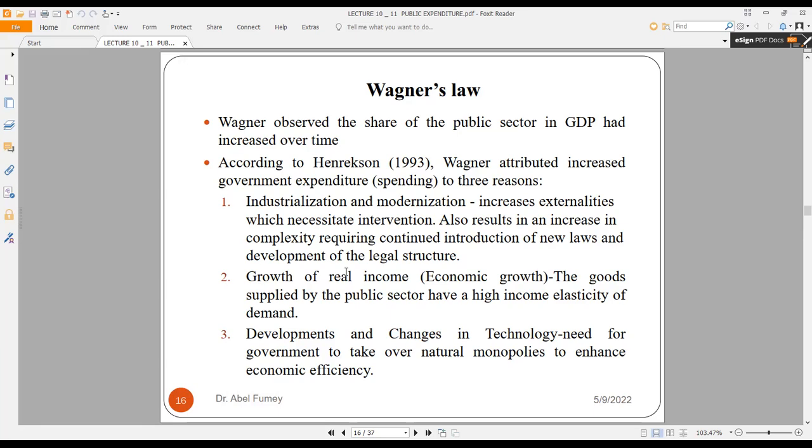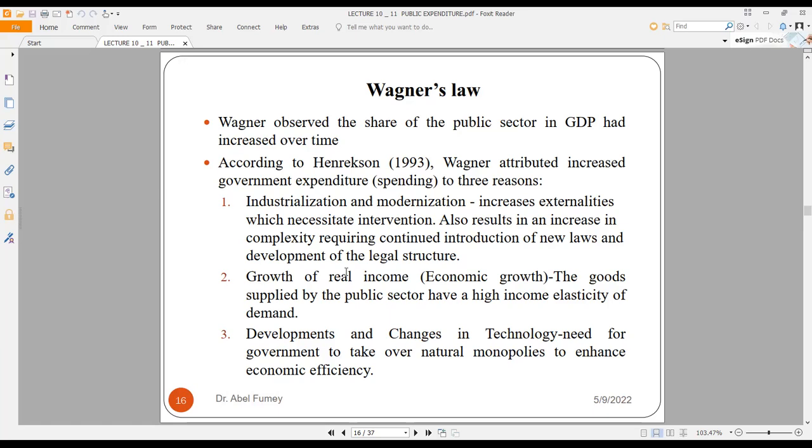Now, because of technology, we have natural monopolies that are always trying to squeeze the market and all that. So the government will have to come in. You know the effect of monopolies. They always try to get higher profits, and it also leads to market failure.